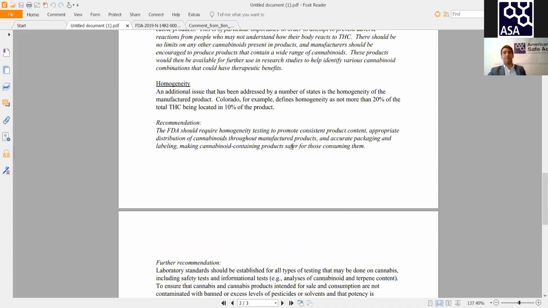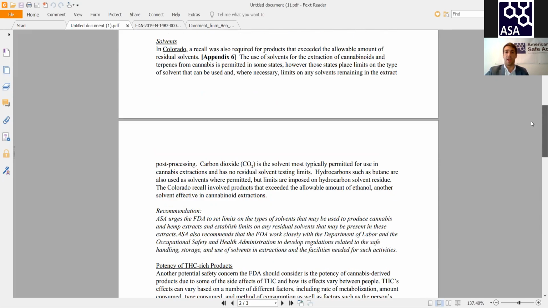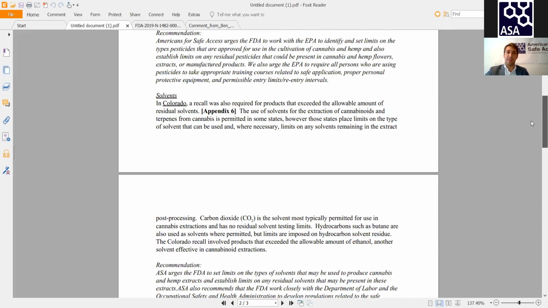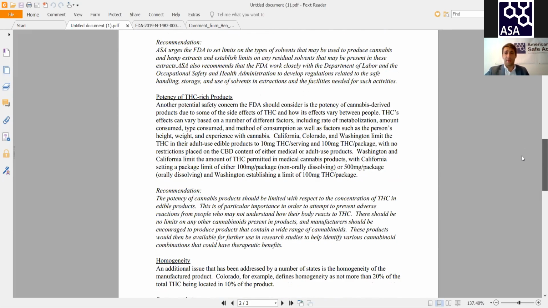So I didn't pull off any of our comments from some of the other sections, manufacturing and sales, labeling and safety, but this preview should give you a good idea of what types of answers the FDA is looking for. And I will say, if you are aware of a great study or a great news article, that is a great starting point for your comments.